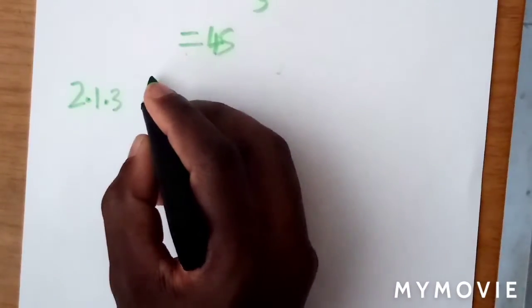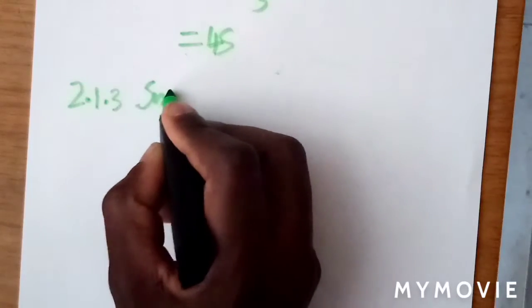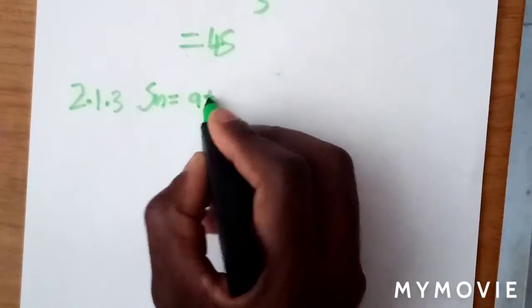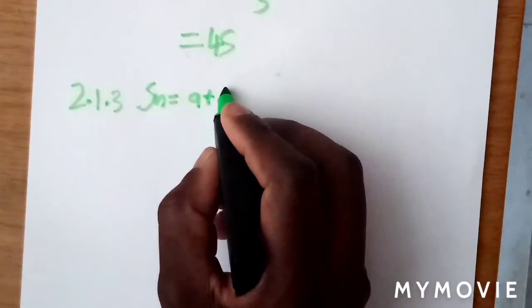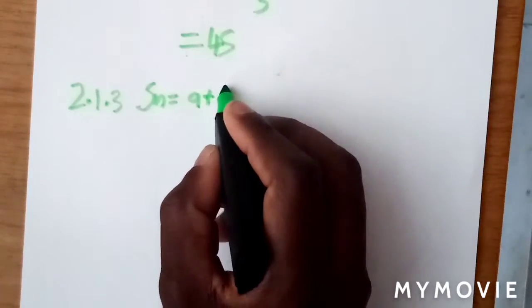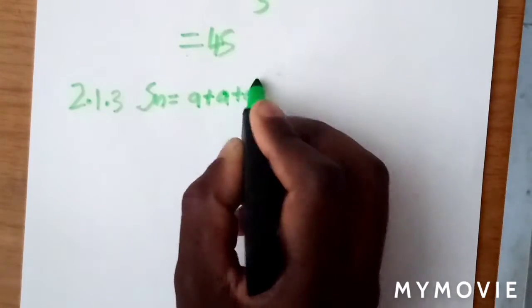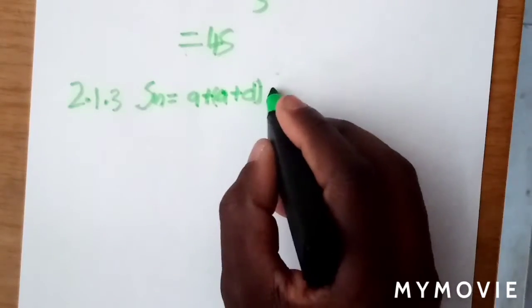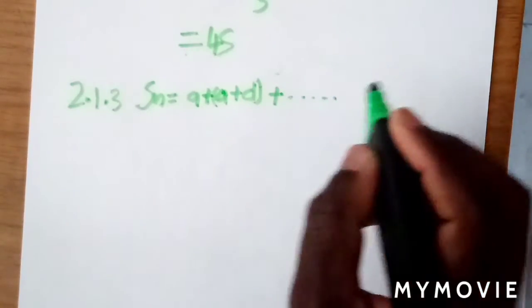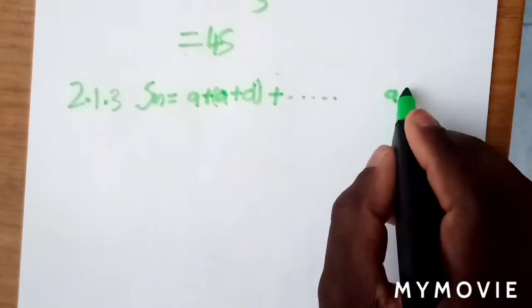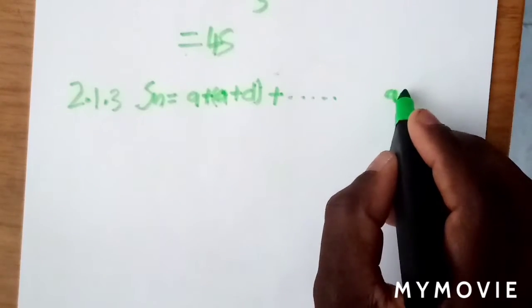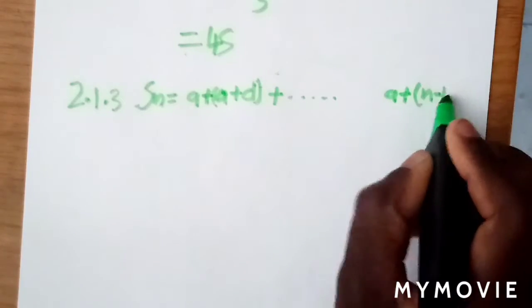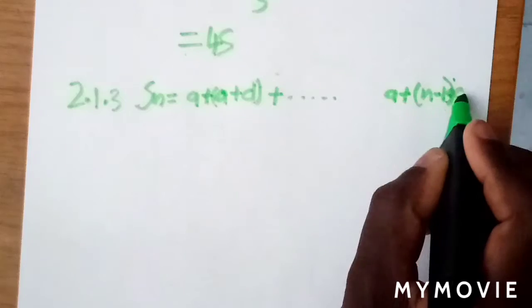Sn, you know that Sn is always equal to a plus a plus d plus, and so on, up to a plus n minus 2 into d, or a plus n minus 1 into d.